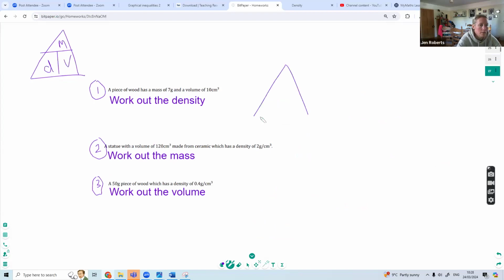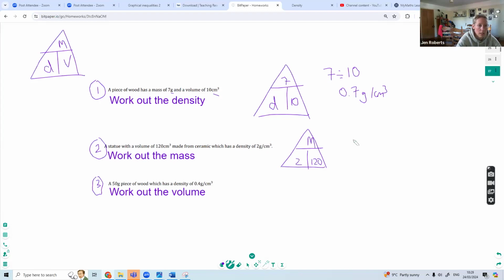Okay, so for this one, working out the density, 7 and 10. 7 divided by 10 is 0.7, so 0.7 grams per centimetre cubed. Mass, volume, density.